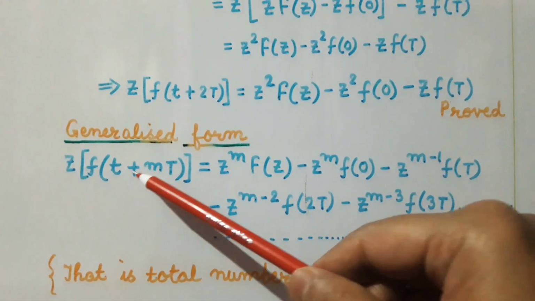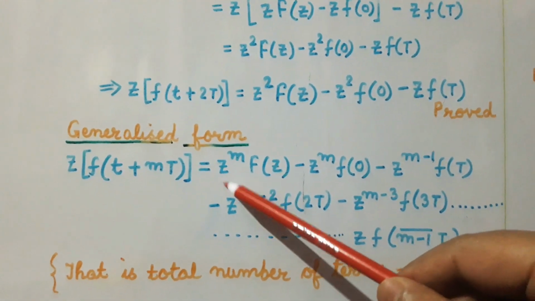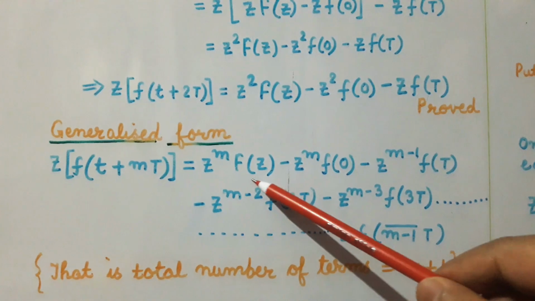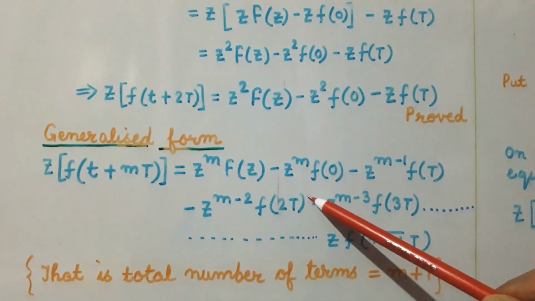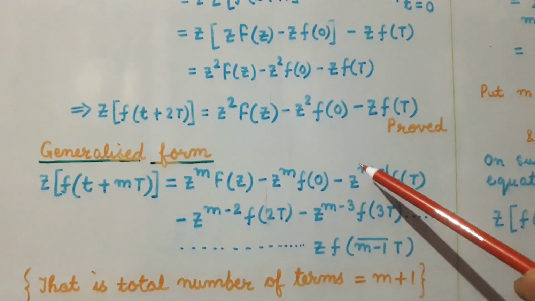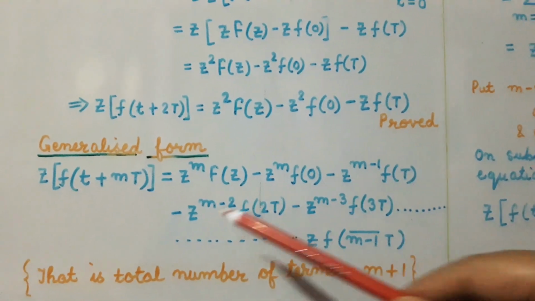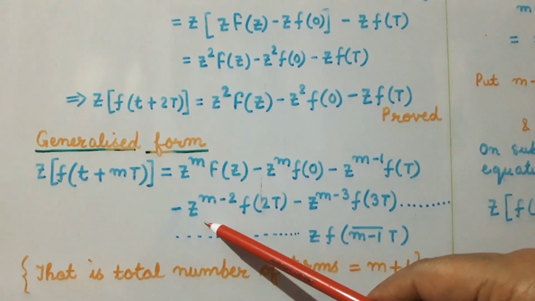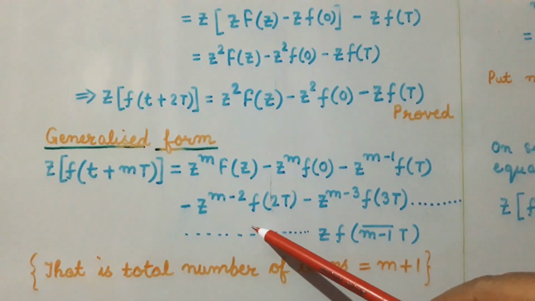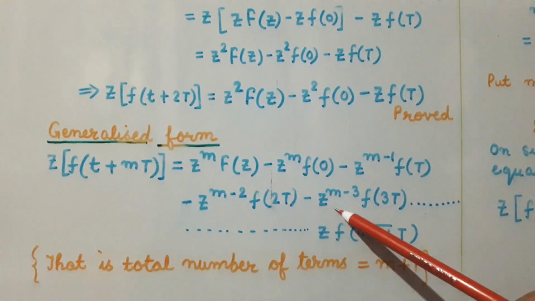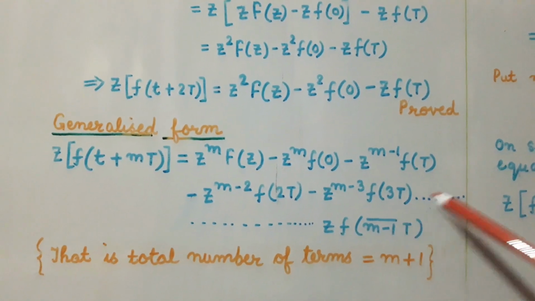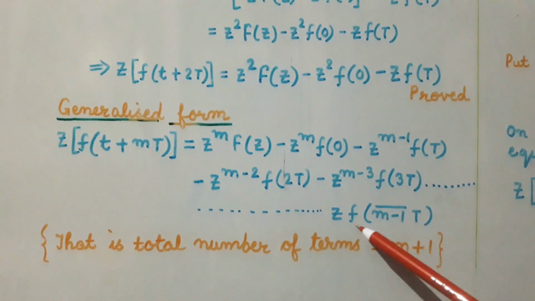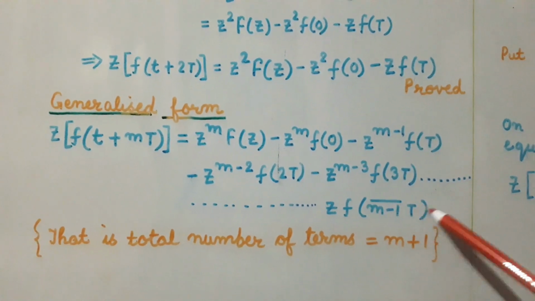Z of f(t plus mT) can be written as z to the power m of F(z) minus z to the power m of f(0) minus z to the power m minus 1 of f(T) minus z to the power m minus 2 of f(2T) minus z to the power m minus 3 of f(3T) up to z f((m minus 1)T).